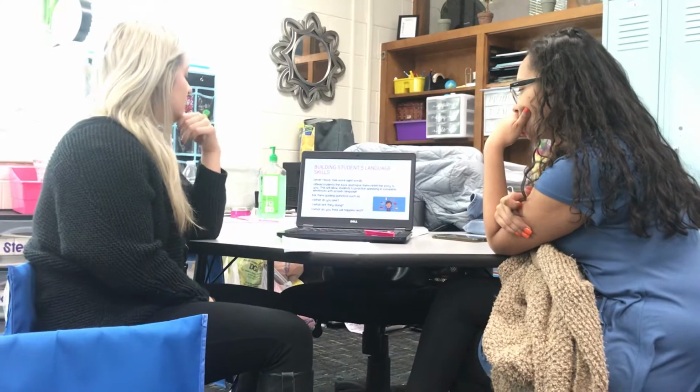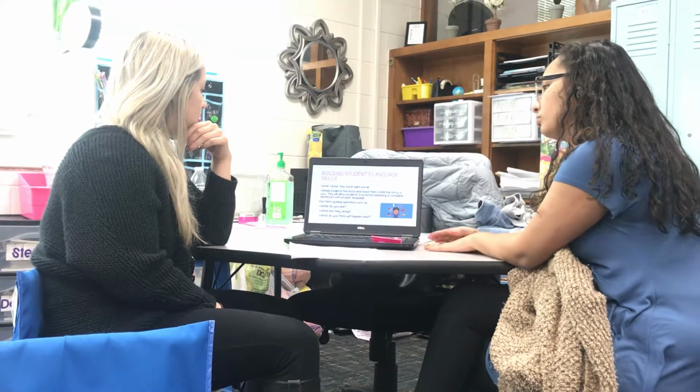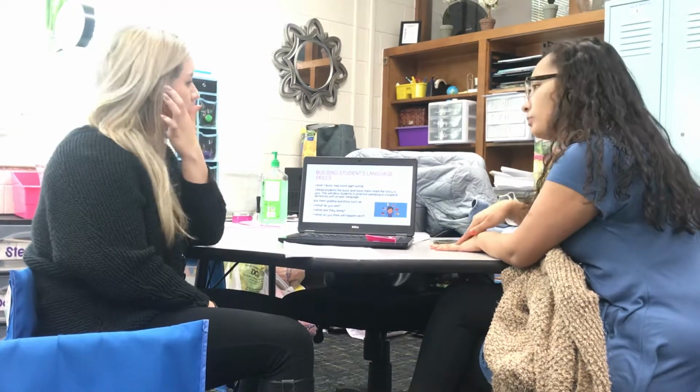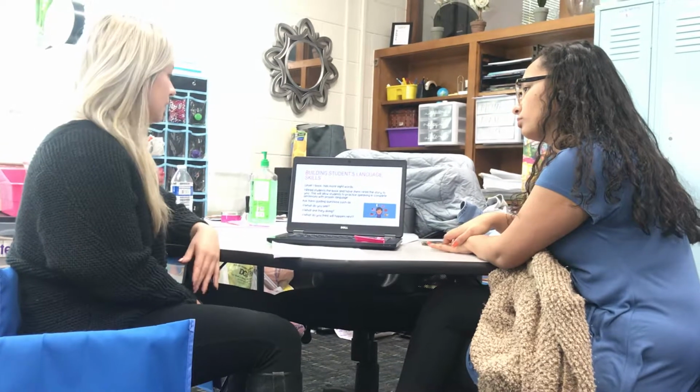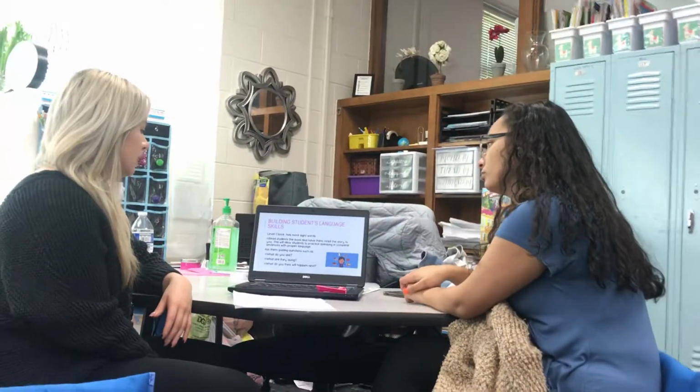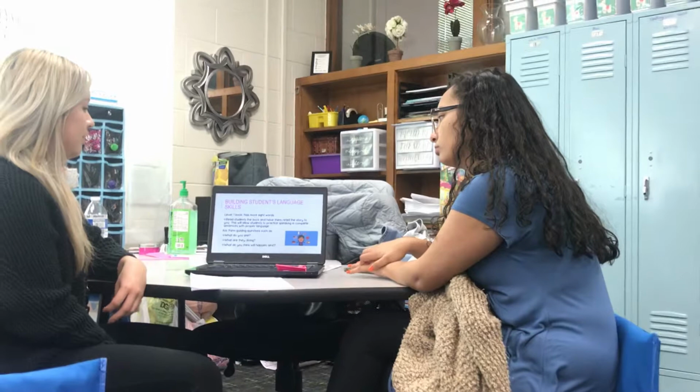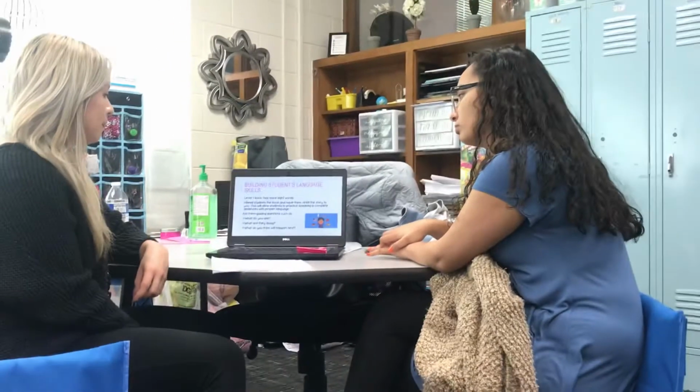Okay. Building students' language skills was also something that we saw our students needed help with, especially when they're learning a second language. So we chose the Level 1 book because it has more sight words. We started with reading students the book, and then we have them retell the story to you.